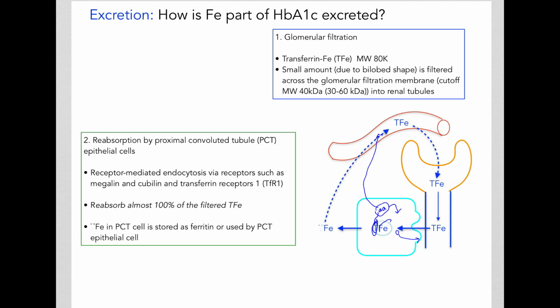The iron part can be either stored in the cell as ferritin, or it could be used by the proximal convoluted tubule cell, or it could be exported out into the bloodstream bound to new transferrin. So those are the various possibilities.